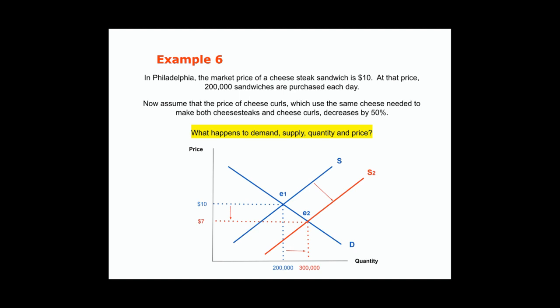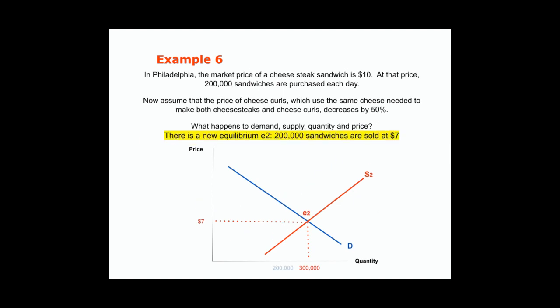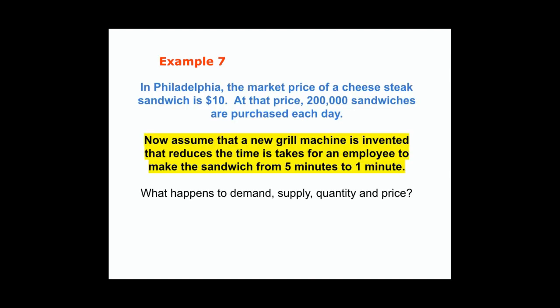The quantity increases, but they're also able to lower their prices, since the price of their factor of production went down. They're able to offer more cheesesteaks at lower prices, which is what happens when supply increases. And so we eventually reach the equilibrium with a higher quantity and a lower price.